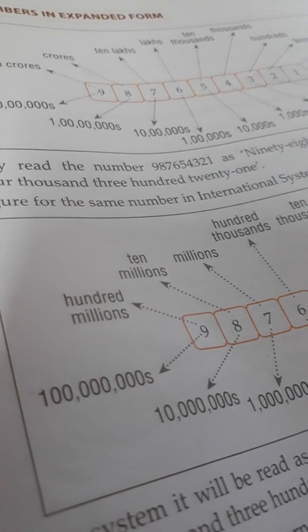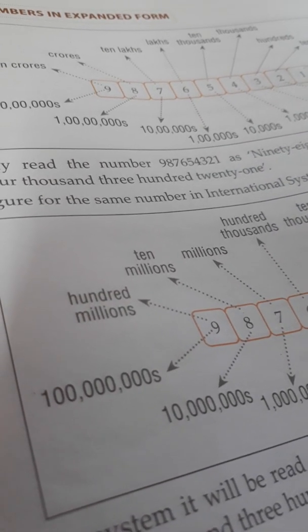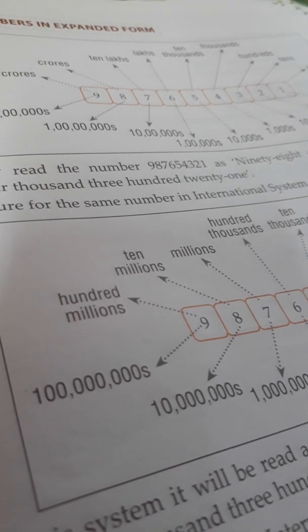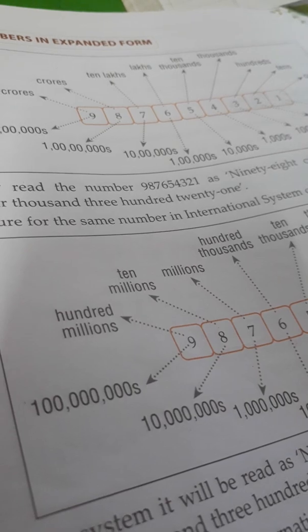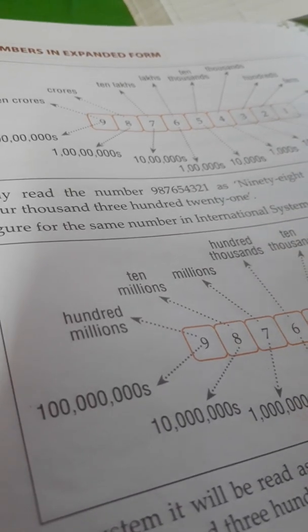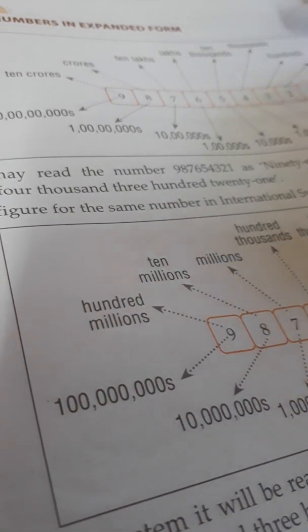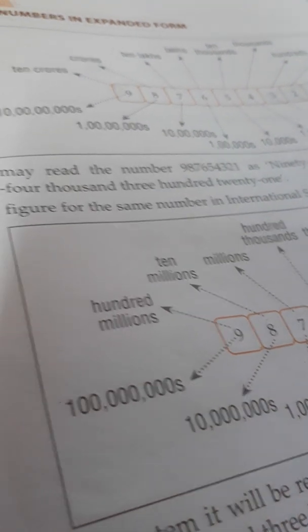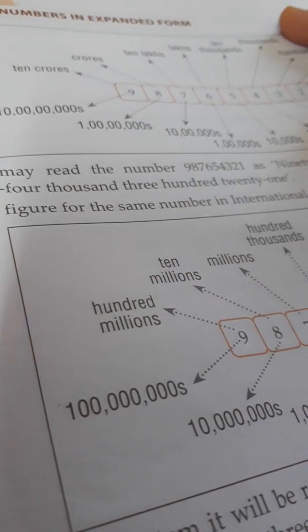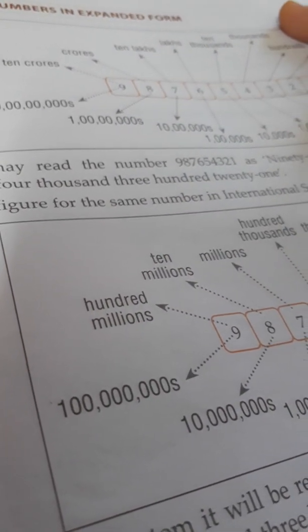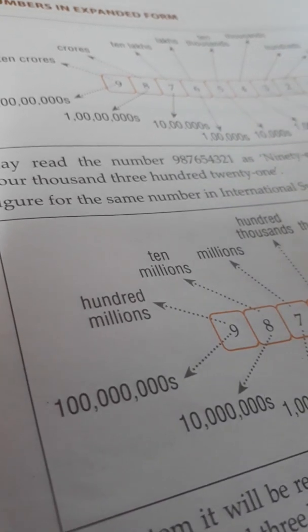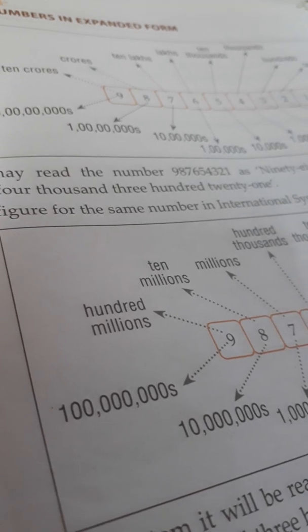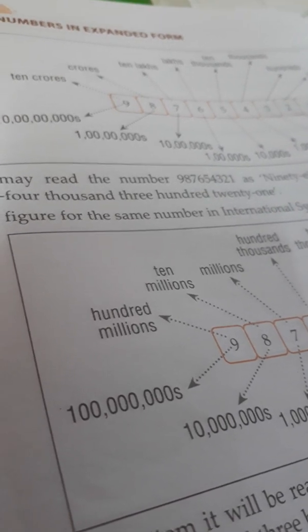See here, 987,654,321. So see the difference between the Indian or Hindu Arabic system and the international system. These two numeration systems we have to know, but most of the time we use the Hindu Arabic system. Okay, but you have to learn both systems.